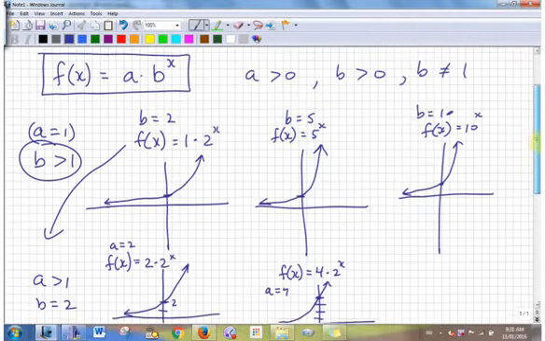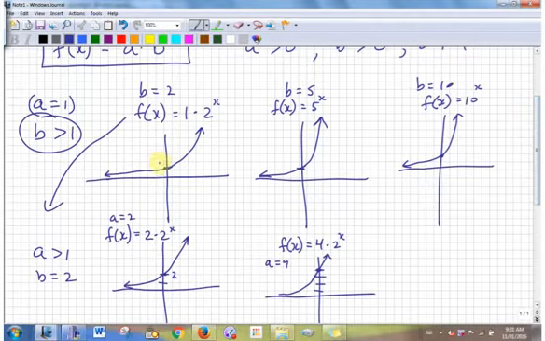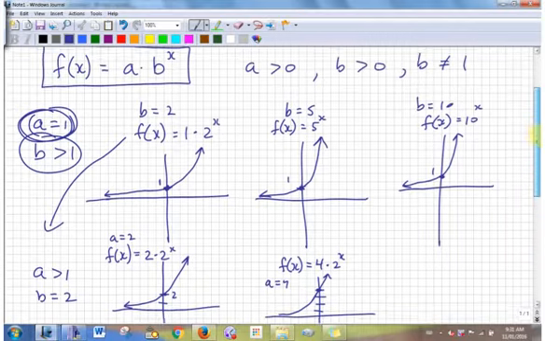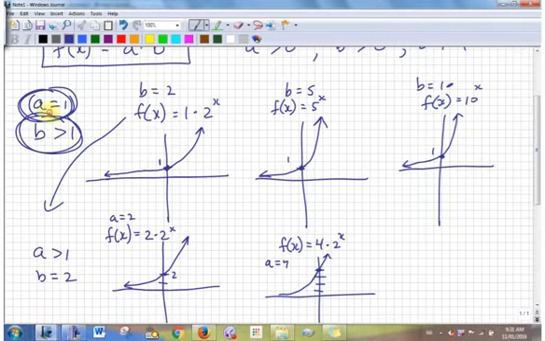Yeah. Here, what was a? All of these were 1. But in every case where b was greater than 1, here it was 2 in both cases, how did the shape of this thing change? It didn't. It's exactly the same shape. Okay?